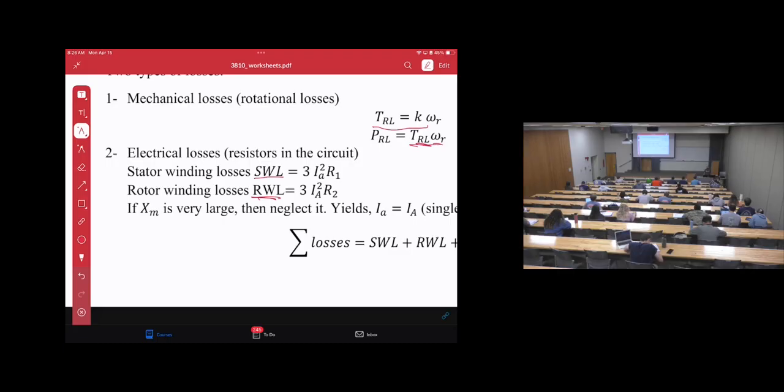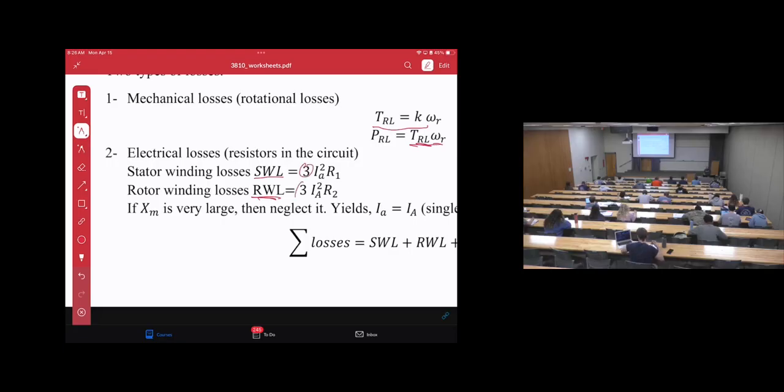Don't put the angle. This is real power, so there is no way to have an angle or a complex expression for SWL or RWL, because all of them are real powers. So it's very important to substitute only the magnitudes, not the angles.